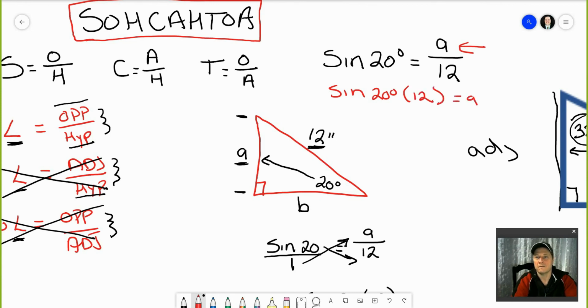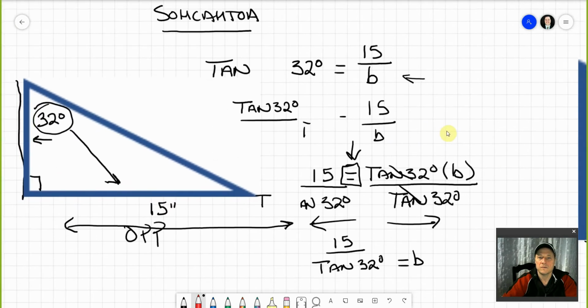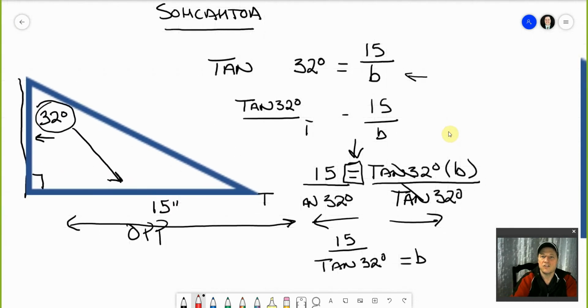Done, when the unknown information is the numerator. When the unknown information is the denominator, you can just rewrite it like this: 15 over tan 32 equals b.